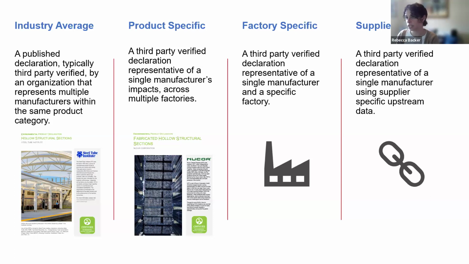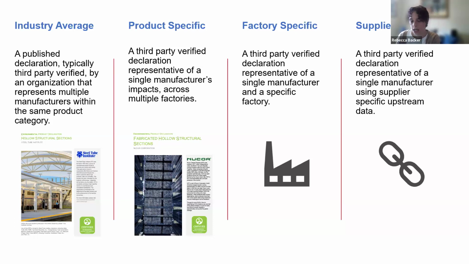As you'll see towards the end of this webinar, there haven't necessarily been too many factory-specific EPDs unless you've come across a manufacturer who only happens to have one facility where the product is produced. But there is a growing demand for these, and that's being driven primarily by different regulatory initiatives that are coming out of our federal and state governments.